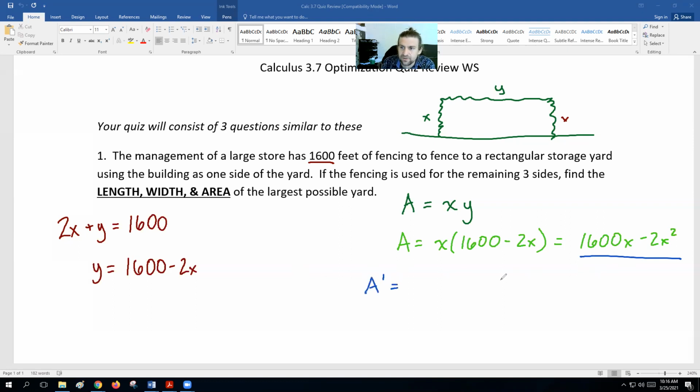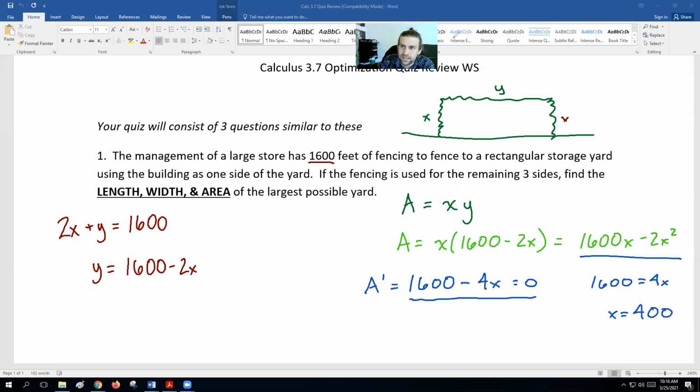So what is the derivative of that? The derivative of 1,600x is 1,600. The derivative of minus 2x squared is minus 4x. So we're going to set that equal to 0 to figure out what that is. All right, I'm going to move the 4x over to the other side. So 1,600 equals 4x. And divide by 4, so that means x would equal 400.